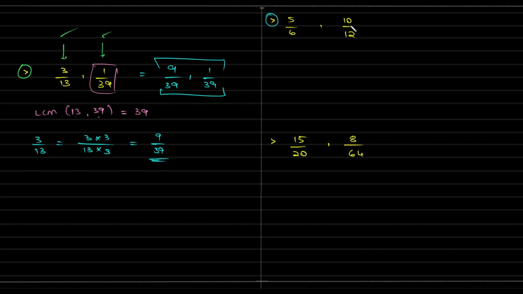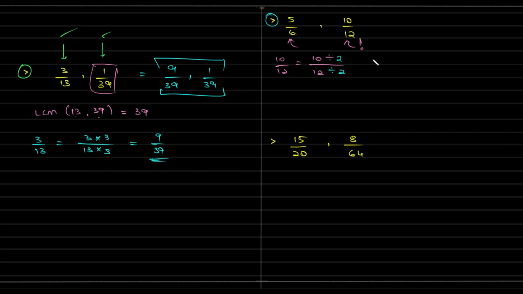Okay, next question we have 5 by 6 and 10 by 12. So check if they are in the simplest form. This is in the simplest form, this is not in the simplest form. So this we need to convert. First thing you will do is convert 10 by 12 to its simplest form by dividing by a suitable number, and that happens to be 2 because the HCF is 2.